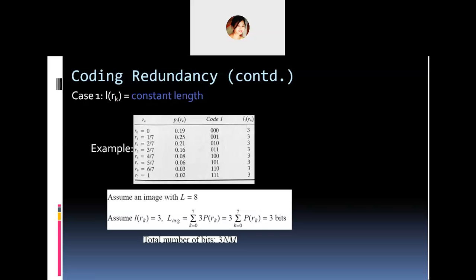So how do you remember how to calculate the probability? Remember, pr equals nk by n. Remember what is nk? nk means the number of pixels for the particular gray level, right?